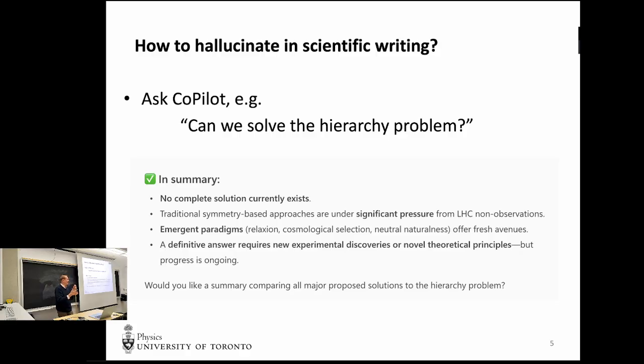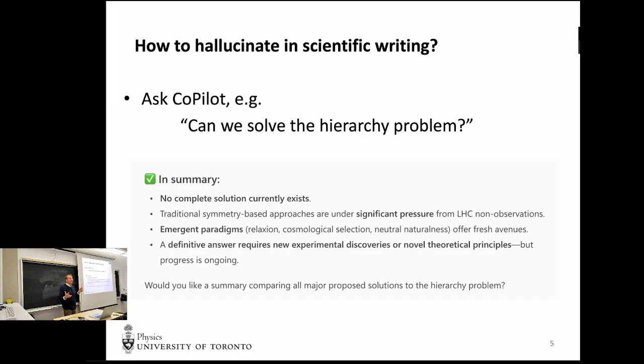Those radiative corrections have to be good to tens of decimal places. It's improbable that could just happen naturally. So that's why we think there's some physics between our energy scale and the Planck scale, because otherwise it's hard to see how you could get that kind of quantum correction.